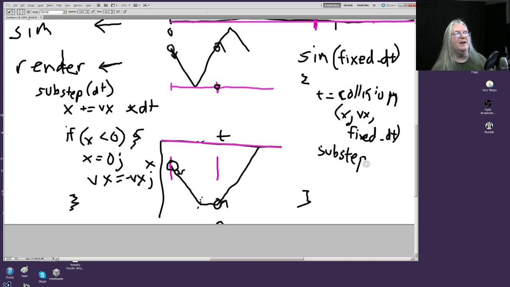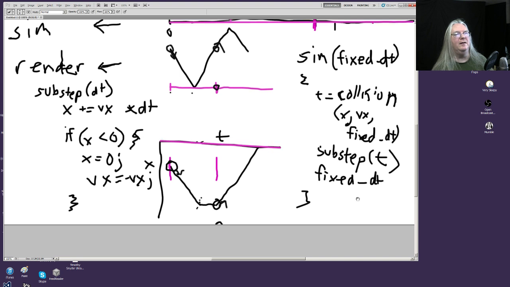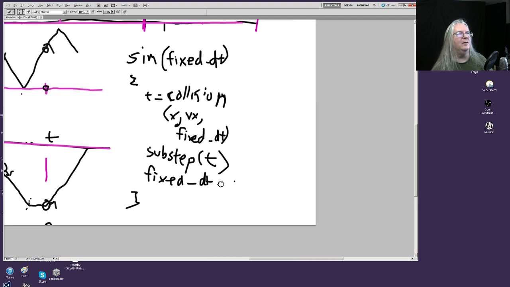So we substep from 0 to t. And then we fix dt. We've consumed some of our fixed dt. We've consumed t of it. Minus equals t.